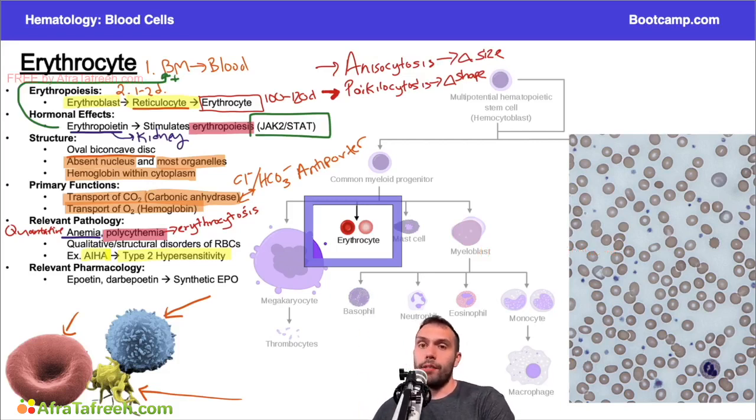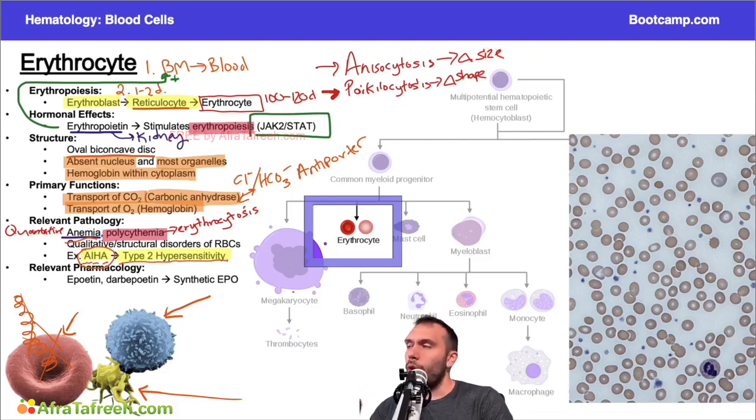That red blood cell being targeted can then have an antibody binding and then complement-mediated destruction. We discuss all of this in the immunology unit, but this is just a reminder that things like autoimmune hemolytic anemia, where we essentially have antibodies binding to the red blood cells and marking them for destruction using complement, can also result in an anemia, right? And that's through type 2 hypersensitivity reactions.